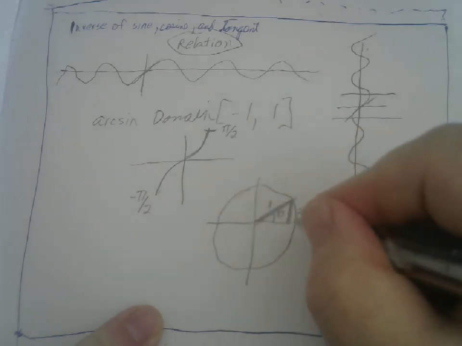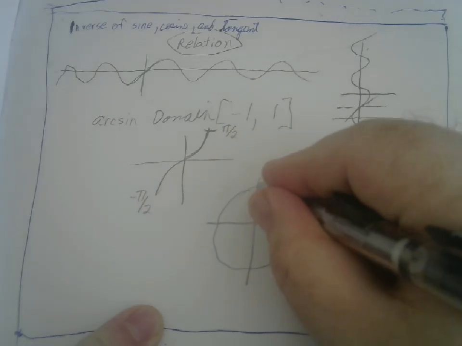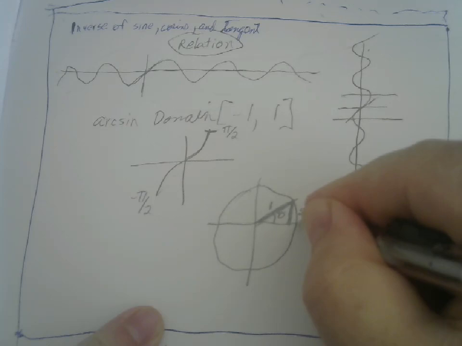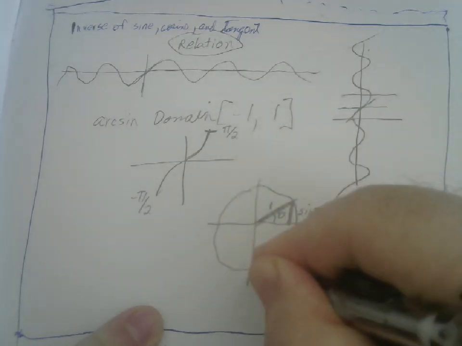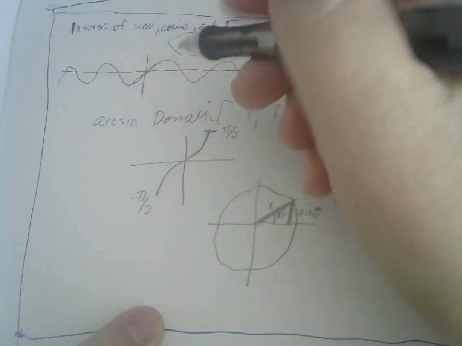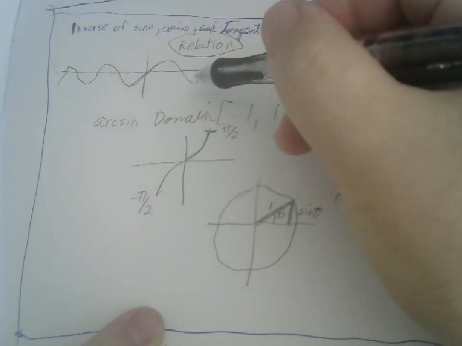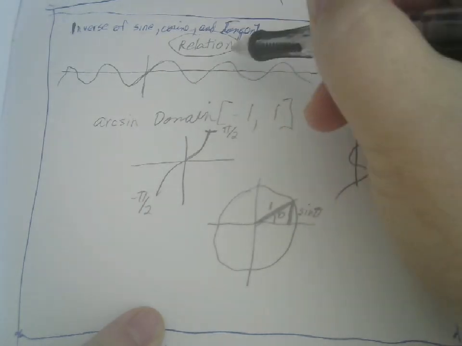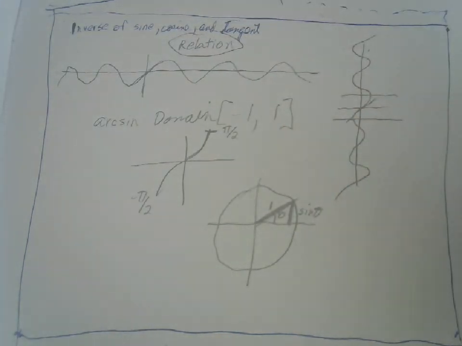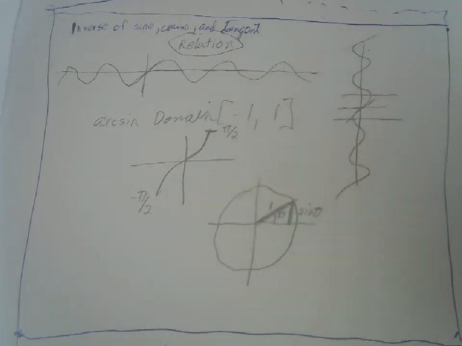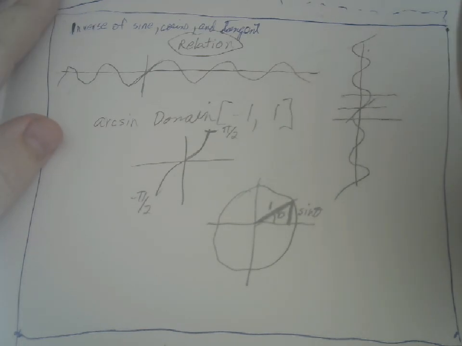And as theta goes around, it goes up to 1 and down to 0, down to -1 and up to 0, up to 1, down to 0, down to -1, up to 0. So that is what sine actually is. And you can go around the circle over and over again and you get the different values.